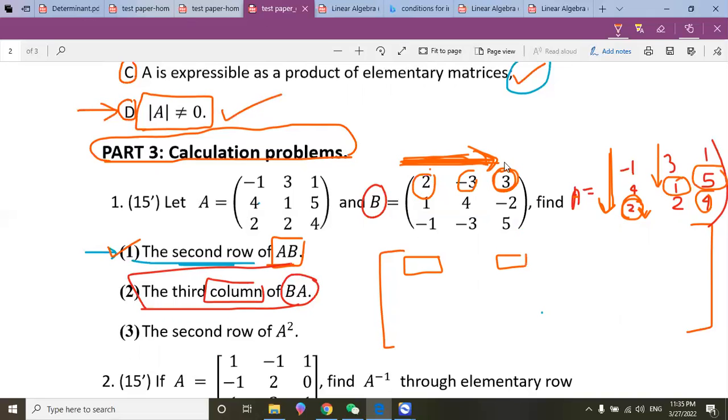The first row with the third column, the result will be here. But we only want the third column, because in the question they asked for the third column of BA. So we need to go from left to right and top to bottom, not the first one, but the last one.